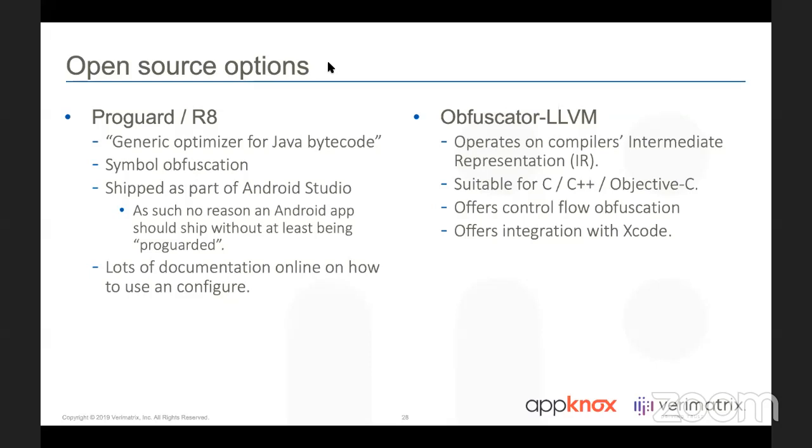If you dive into how modern compilers operate, Clang is the most common one for mobile development these days. It takes your source code, so C, C++, Objective-C in this case, and then it goes through a compiler front end, which generates an intermediate representation, which then gets passed to the compiler back end, which converts the intermediate representation down into the executable machine code, so the ARM code.